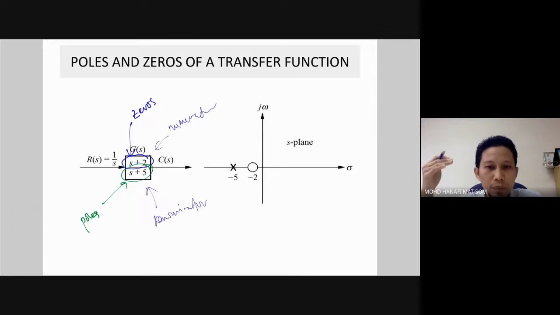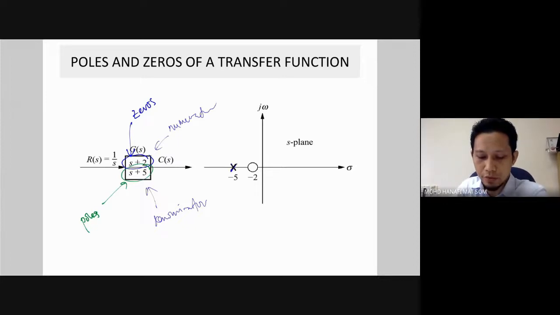When we plot on the s-plane, we represent the poles with the symbol X, and we represent the zeros with the symbol circle. Here at -5 and -2.